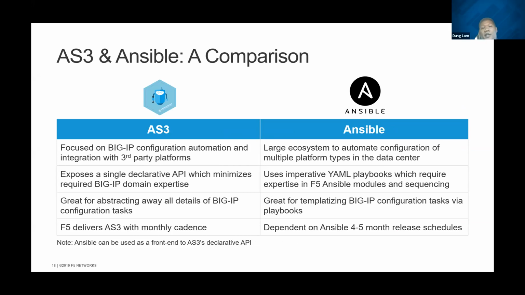Ansible itself needs to take care of a much larger ecosystem, right? So you're automating, you're orchestrating. You're not orchestrating just one thing. You want to orchestrate multiple things together, and BIG-IP will be just one of the components. But we want to abstract the complexity and make it easy.